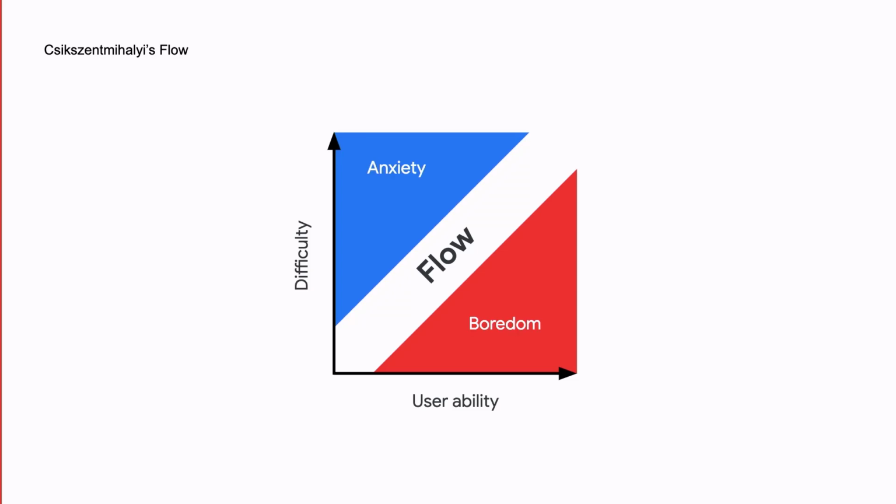So not so much complexity that it seems impossible and makes them anxious, but also not totally missing the difficulty level with their ability, so we end up in a state of boredom. The key here is to keep people in this state of flow in the middle, where a user becomes so engrossed in the activity that she's unaware of the passage of time. I think coders know all about this. They live for this in many ways.